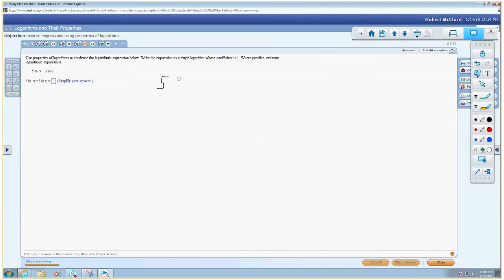One person. Natural log of x minus 3 natural log of y. Now, do you have to change it to log? No, you do not. The natural log properties are the same as log properties. You can go ahead and do the power rule. You can do the quotient rule.